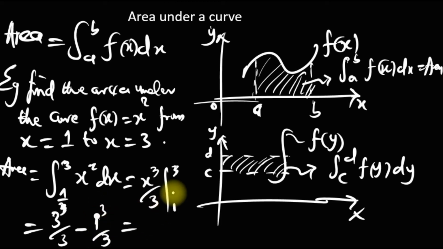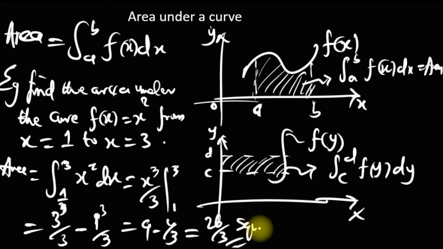I told you, just the upper limit minus the lower limit, substitute the value. So which is now 9 minus 1 over 3, which is 26 over 3. So that's the answer, in square units. It's very simple.